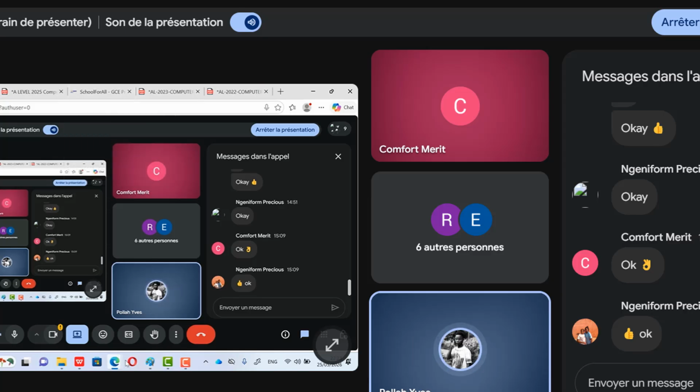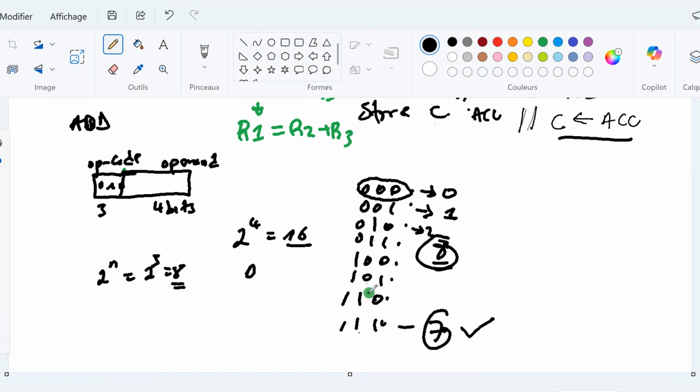That is why before answering this question, I gave this example. Imagine that here they are asking for the highest address to access an opcode. If the number of bits for a single opcode is 3, the total is given by what first? The total is 2 to the power 3, which is 8. And if the total is 8, if you start at 0 and you want to reach 8, the last should be 7.